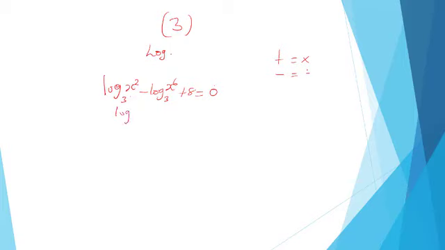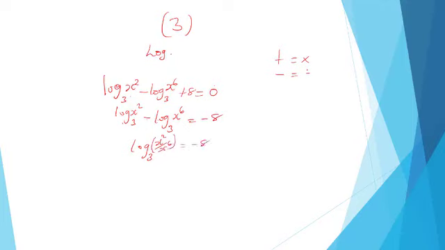So we now have log x squared base 3 minus log x raised to the power 6 base 3 equals minus 8. Now with this, perform subtraction of logarithms. Since they have a common base, we have log base 3 of x squared divided by x to the power 6. So this should be in brackets, which is equal to minus 8.